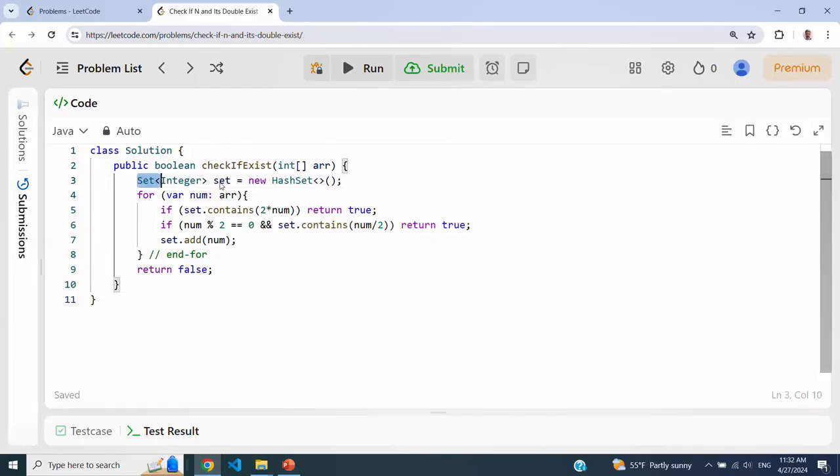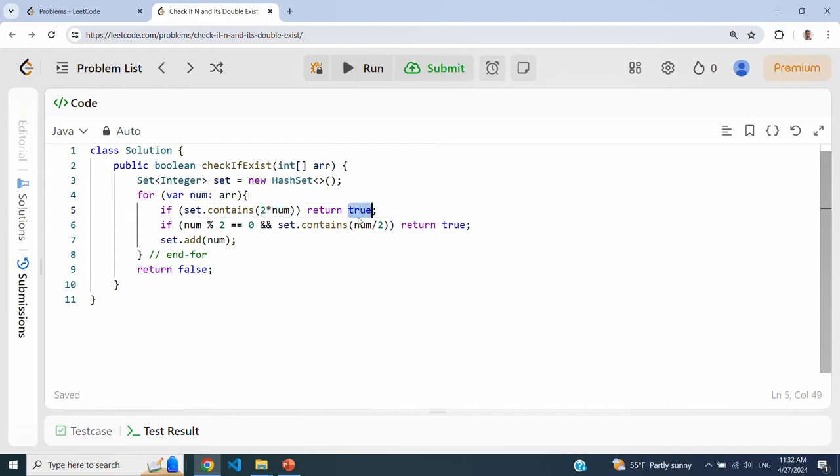So I create a hash set at the beginning. I walk over the integers in the array in the forward direction. The first question I ask is, does the double of this number, so twice the number, exist in the set so far? So among all the numbers that I have seen so far, have I seen twice of this number?